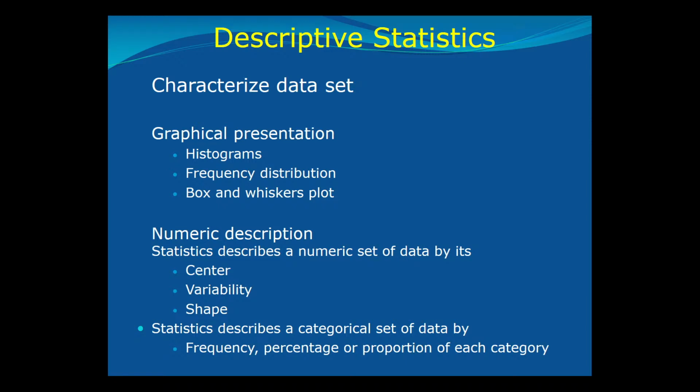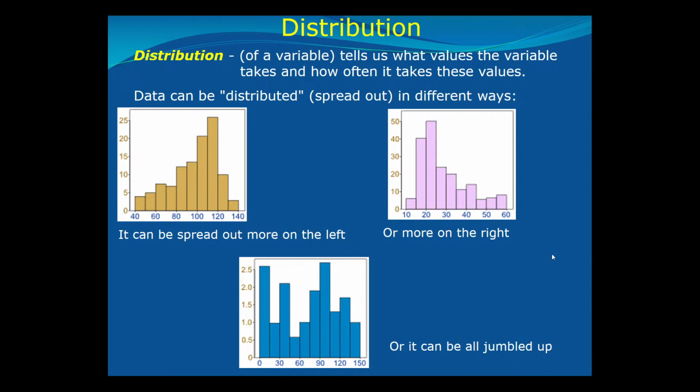Statistics describes a numeric set of data by three different characteristics: center, variability, and shape. Statistics describes a categorical set of data by frequency, percentage, or proportion of each category. So according to the different types of variable, we should use different types of methods in descriptive statistics.